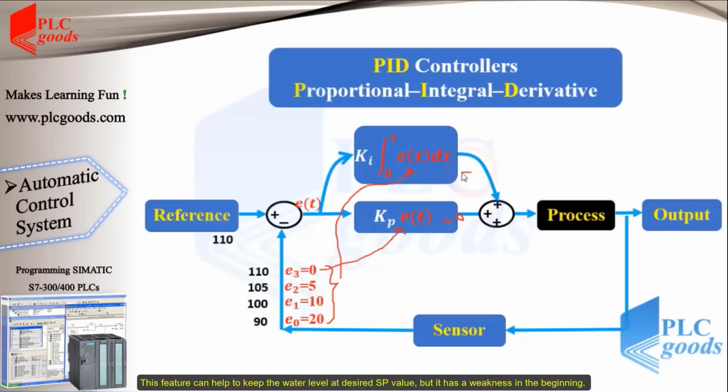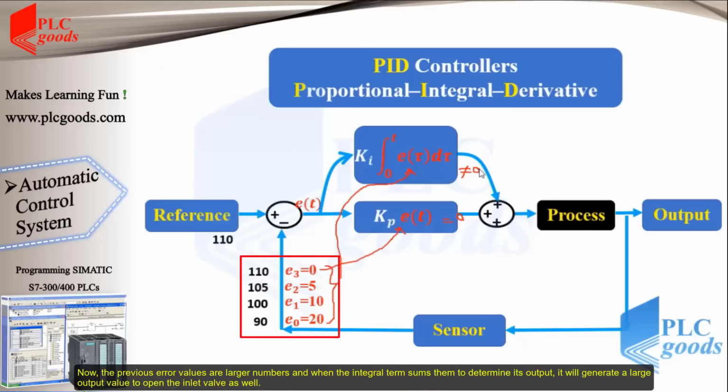This feature can help to keep the water level at the desired SP value, but it has a weakness in the beginning. Now, the previous error values are larger numbers, and when the integral term sums them to determine its output, it will generate a large output value to open the inlet valve as well.